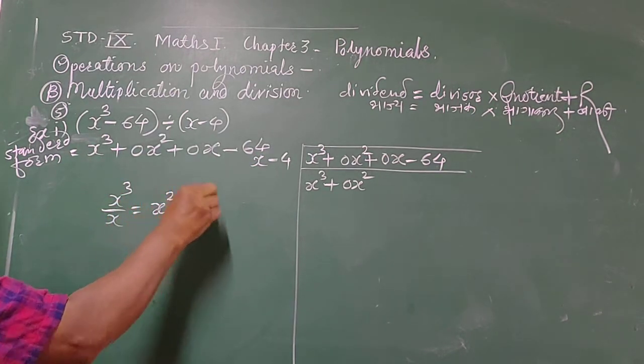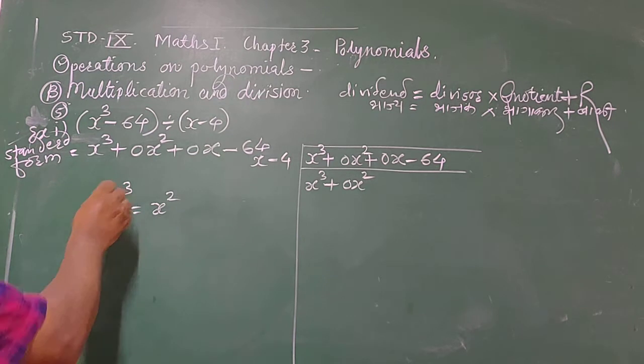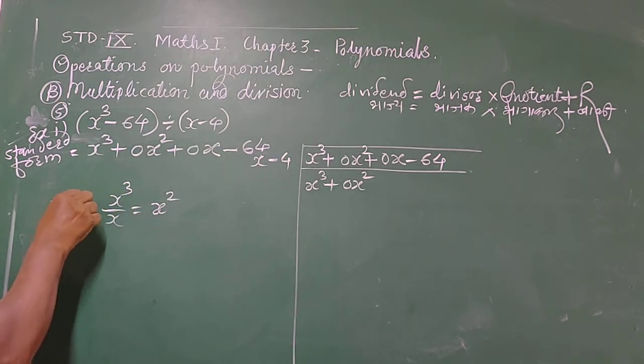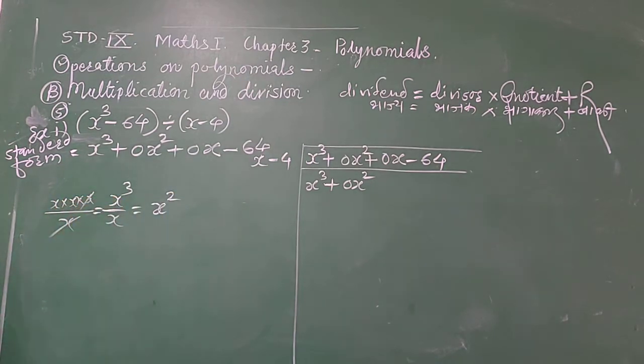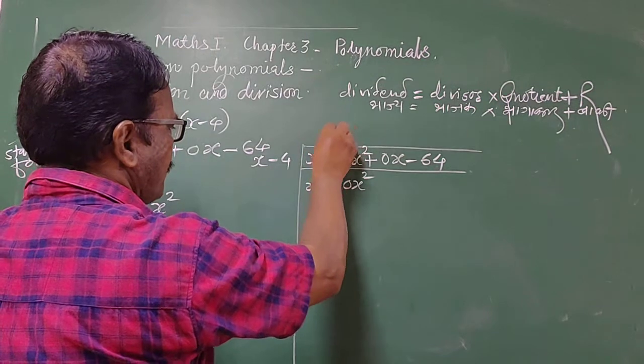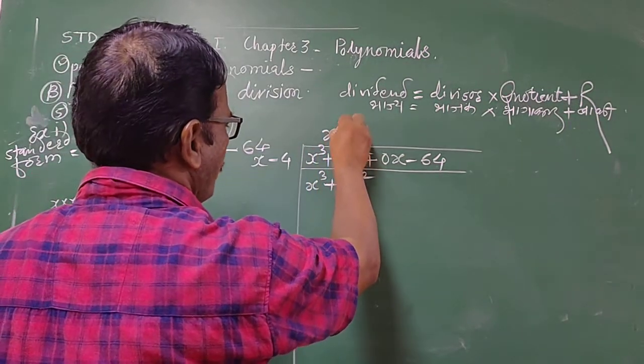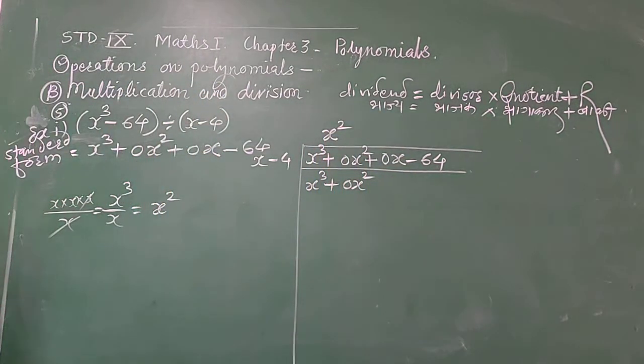X cube means thrice x, divided by x. So x is gone, and we write here x square. So the first term of the quotient is x square.